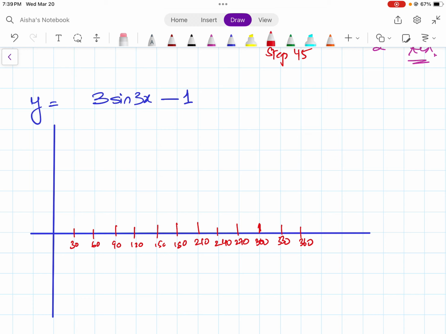Now 3 sine 3x minus 1, start 0 and end 360, and this is going to be 30 step size.